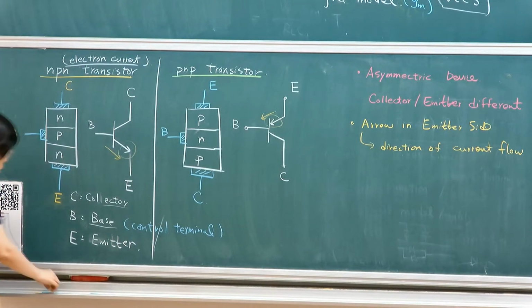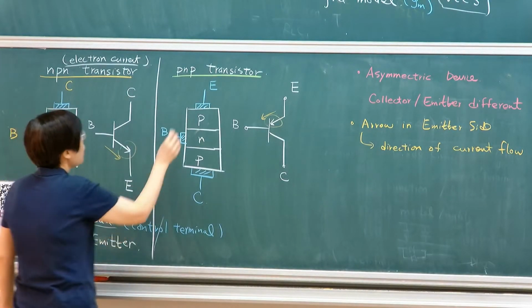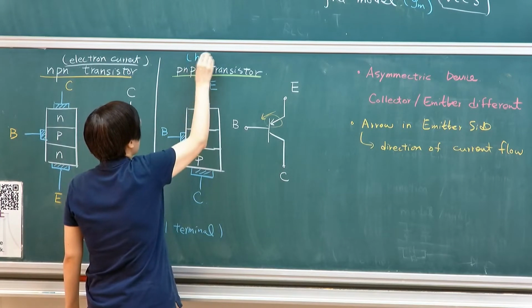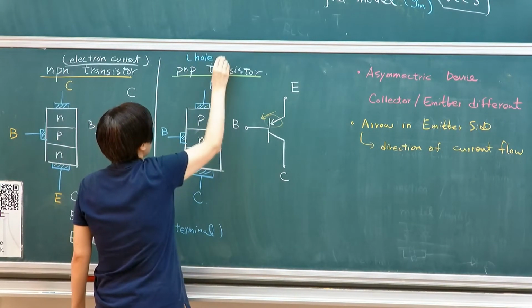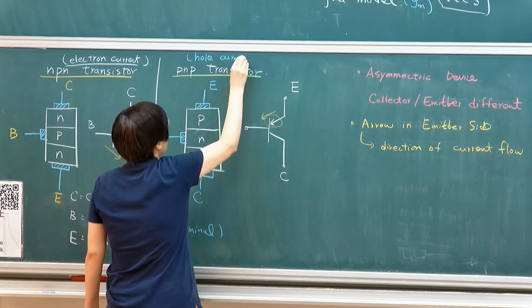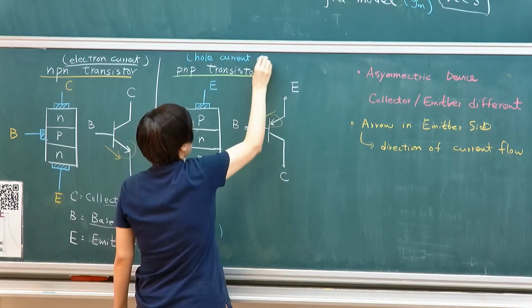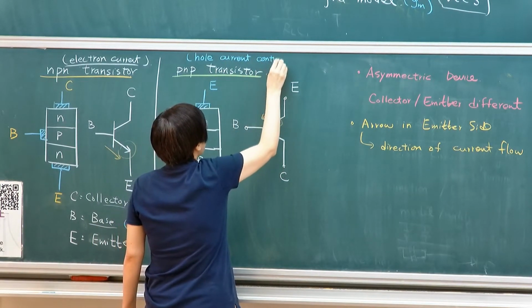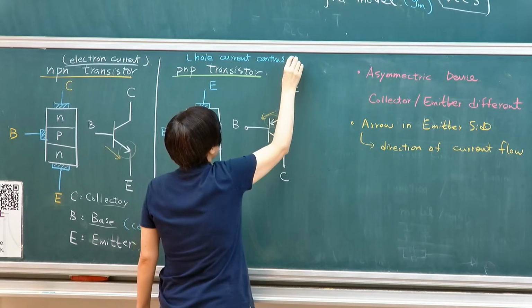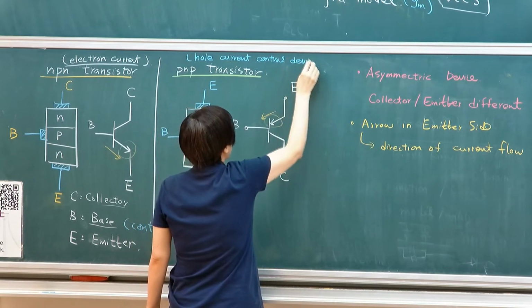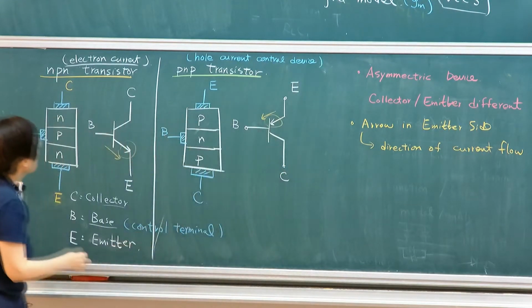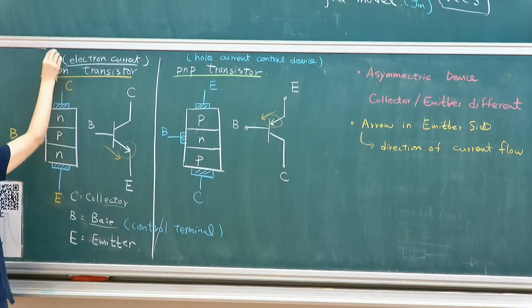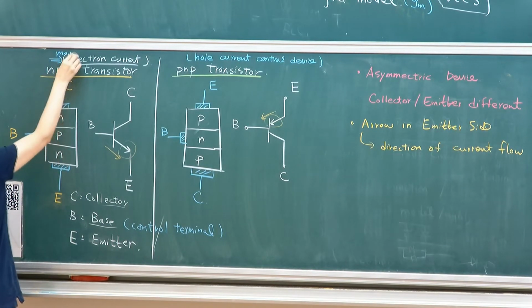For a PNP transistor, of course, it's the opposite. So the main current to control is hole current. It's a hole current control device. In the NPN case, the main control is electron current.